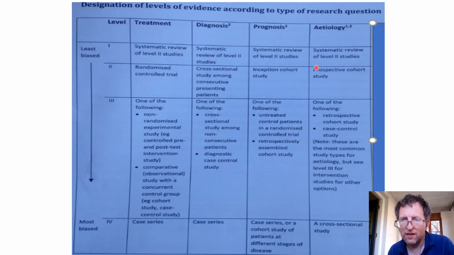But it gives you that level 2 evidence, because again, it's an etiology question cohort, so you can see it's a higher level of evidence. The reason it is higher level is because you are prospectively collecting it.